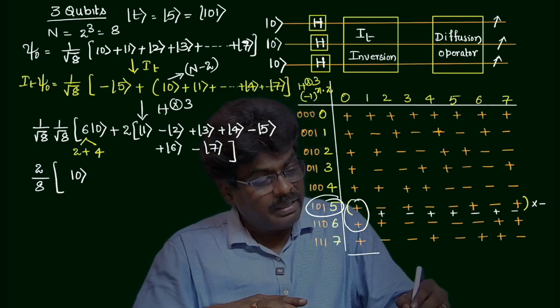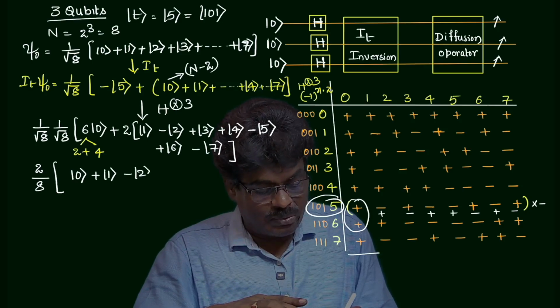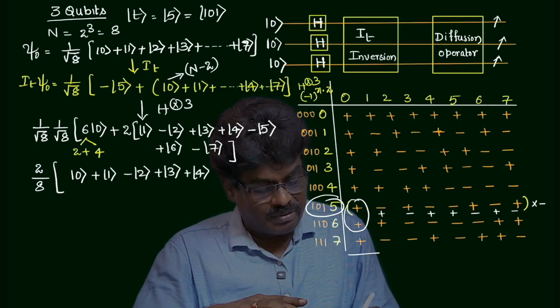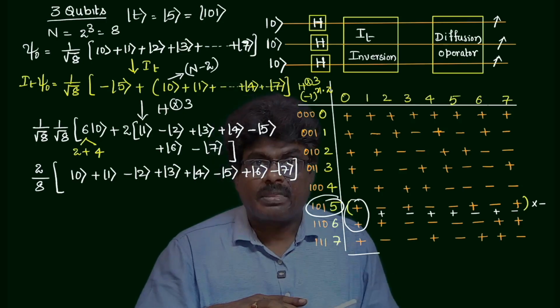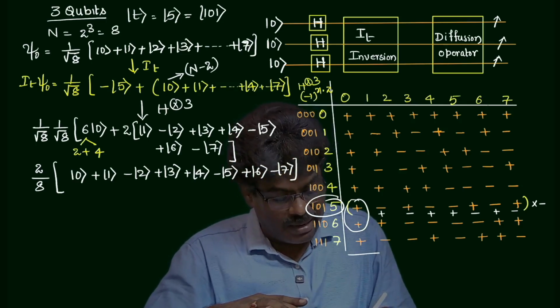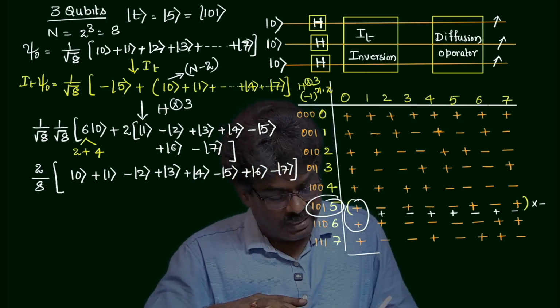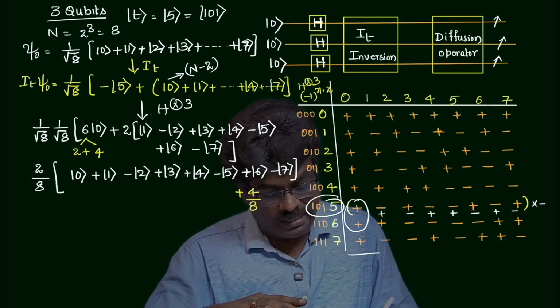So here 0 plus 1 minus 2 plus 3 plus 4 minus 5 plus 6 minus 7. And one more term is remaining, that I am writing separately, that is plus 4 by 8 into 0.